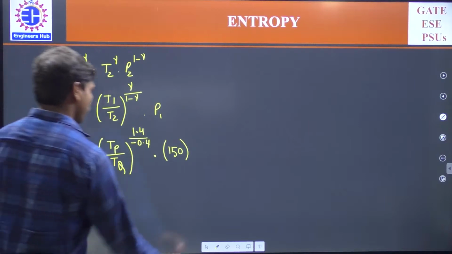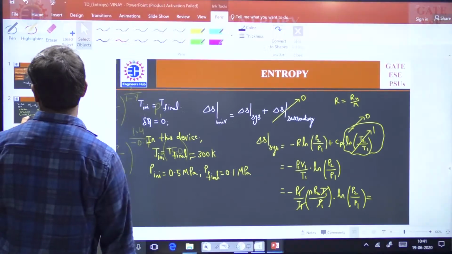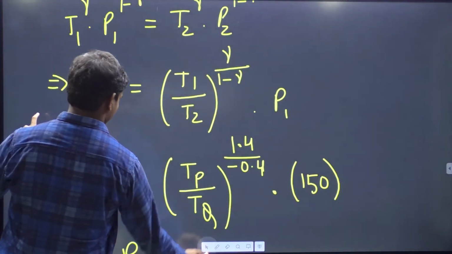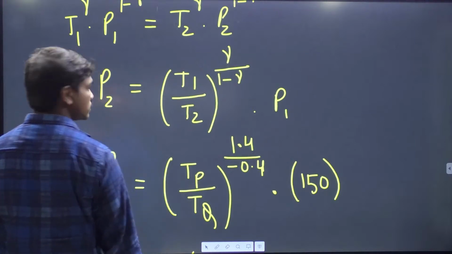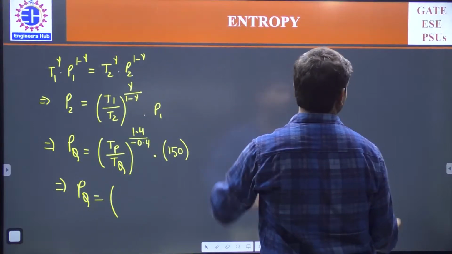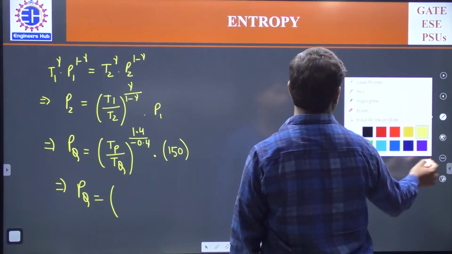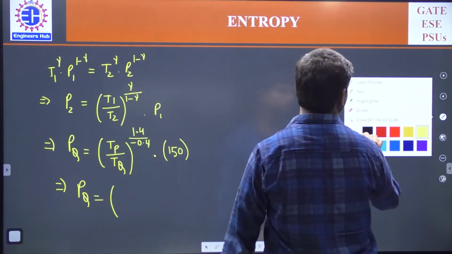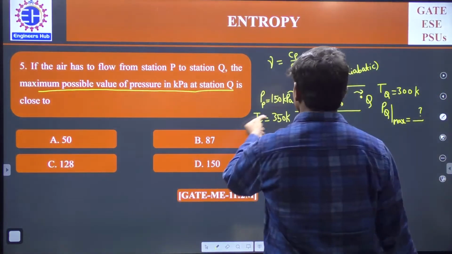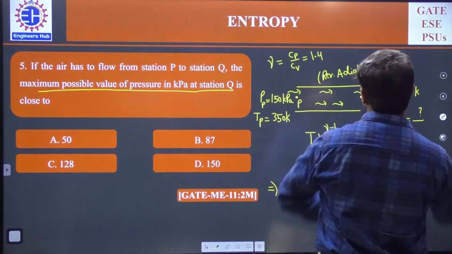Tp temperature, where is this? Okay, so see here. Let us look for the temperatures in the conditions. 350 at Tp and 300 at Tq.